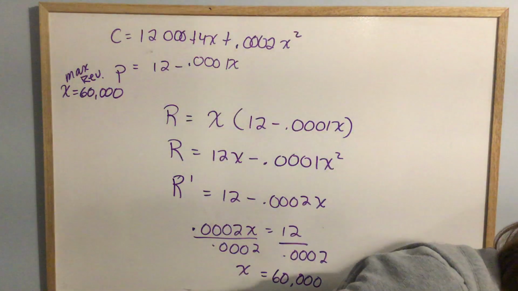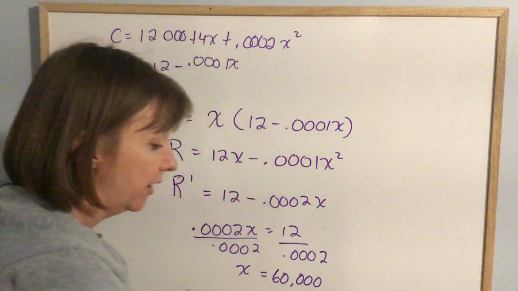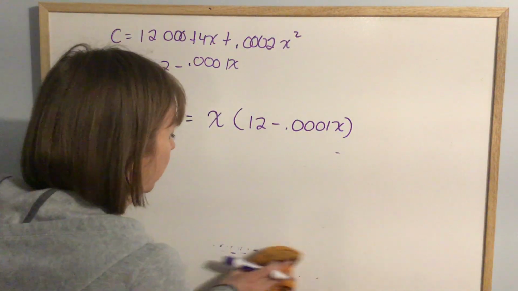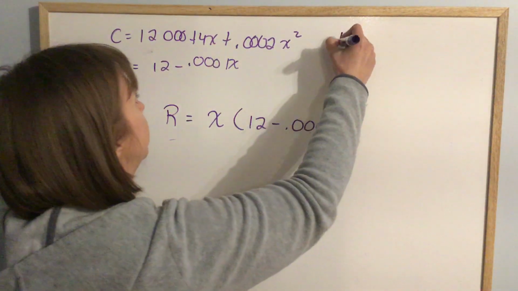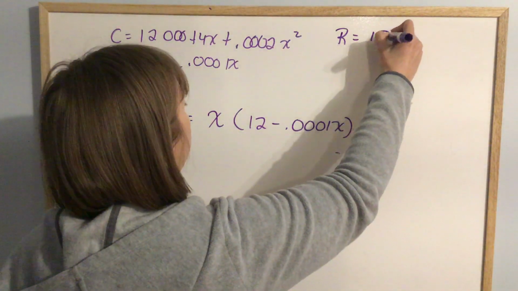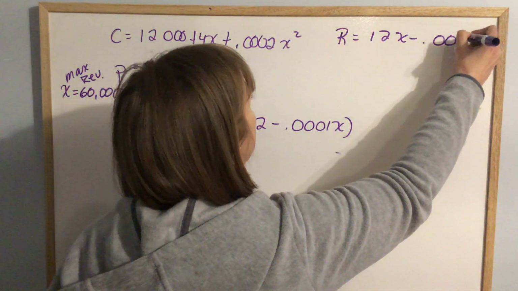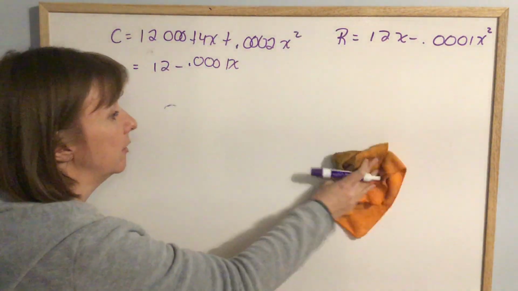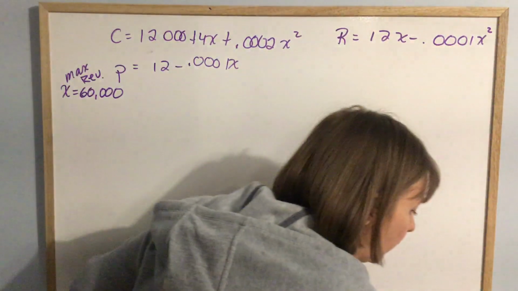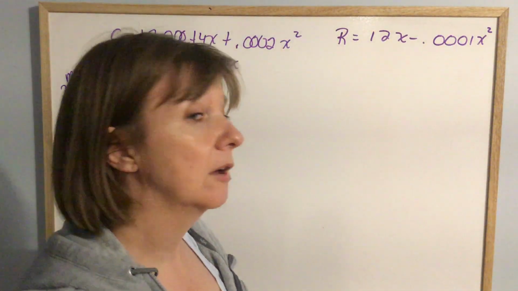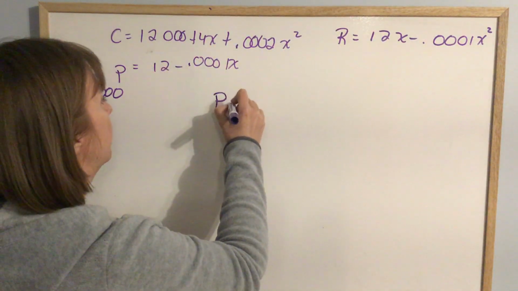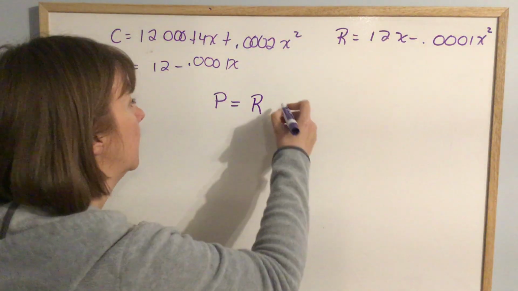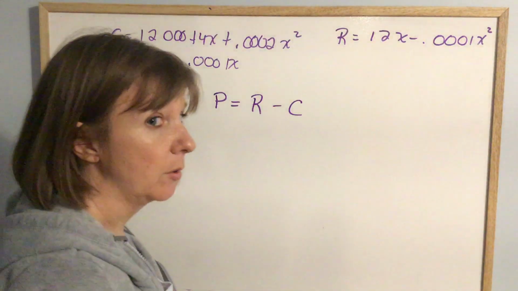The next one says determine the production level that maximizes the profit. We just figured out the formula for revenue is 12x minus 0.0001x squared, not the derivative, just the formula. To maximize profit, I need the formula for profit. Profit, big P, is my revenue, the money coming in, minus my costs, the money going out.